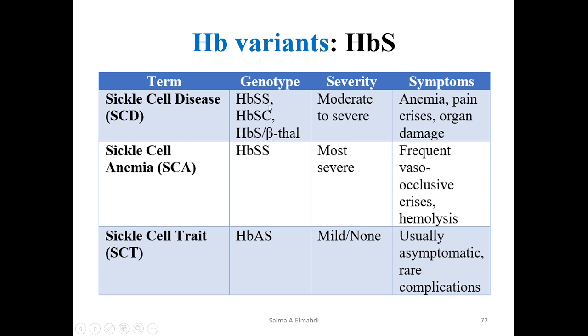So both of chains will be mutant. The severity is moderate to severe and presenting as anemia, painful crisis, and organ damage.